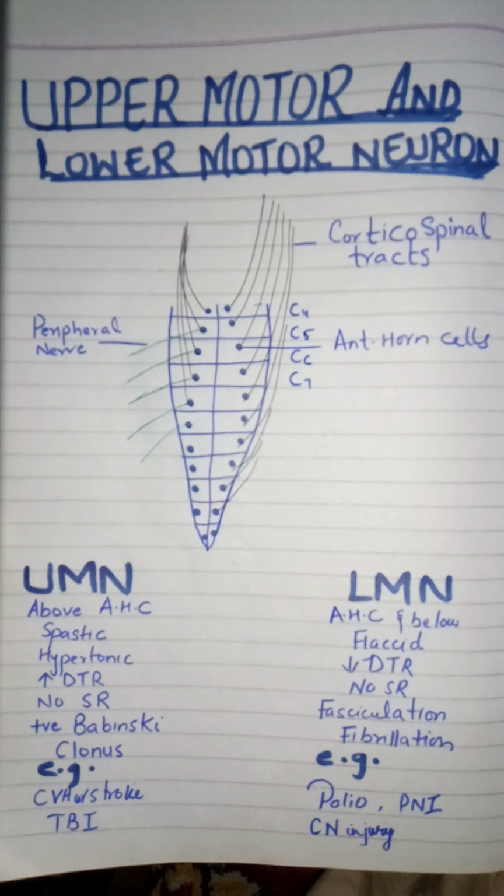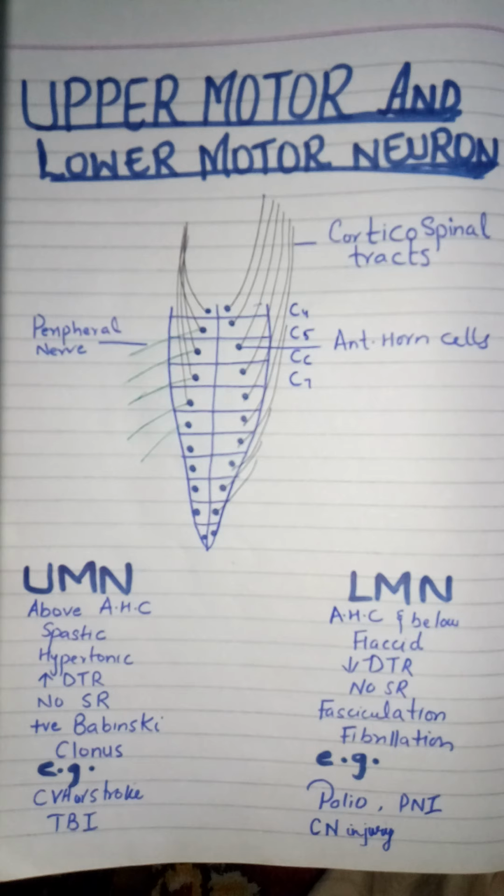So what lies above the anterior horn cell? The corticospinal tracts and the brain and its structures.